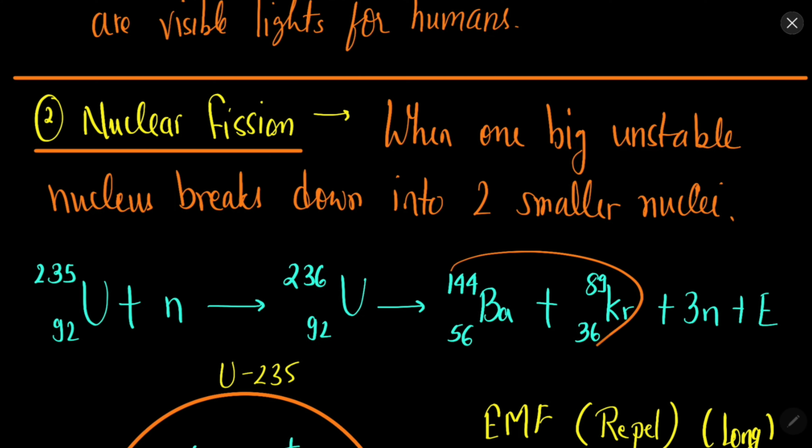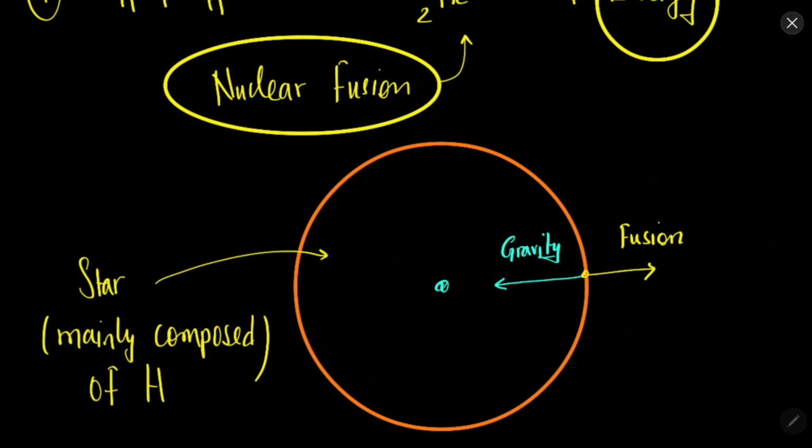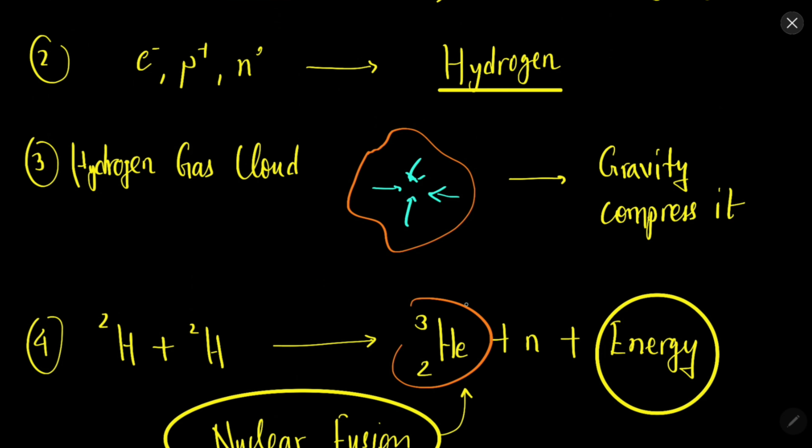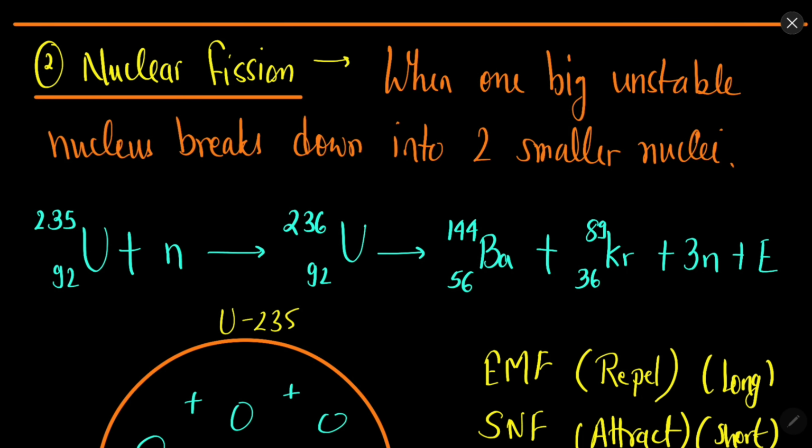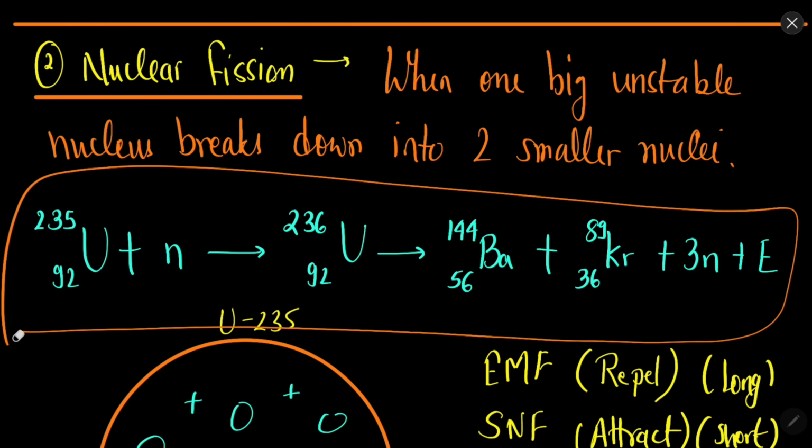And obviously these can further get divided and become more stable. So the most common example of fission is the uranium 235 atom.